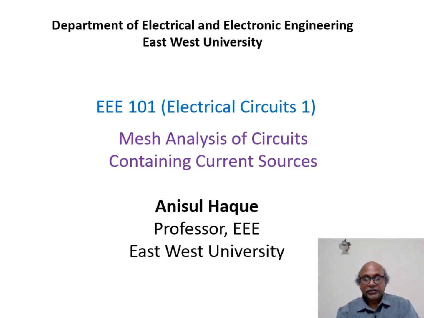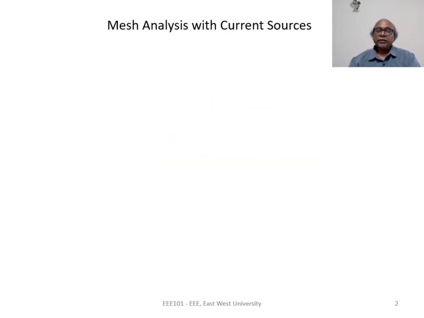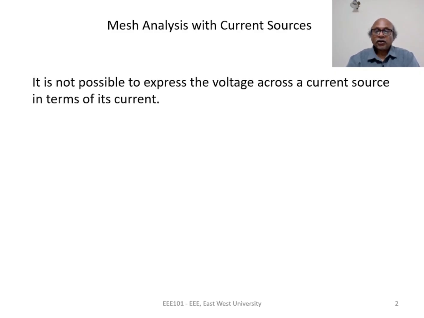Today we will discuss mesh analysis of circuits which contain current sources. In mesh analysis, if we have current sources, we run into problems because it is not possible to express the voltage across a current source in terms of its current, because we cannot apply Ohm's law to a current source.